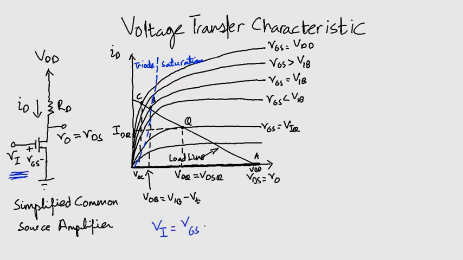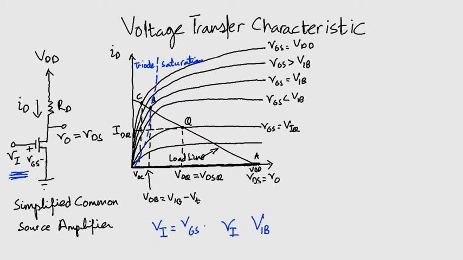Also keep in mind the differentiation between instantaneous values and DC values. Remember, a V like this with a subscript like this is an instantaneous value, whereas a V like this with a subscript like this is a DC value. Keep those in mind and you won't feel lost. Now pay attention.